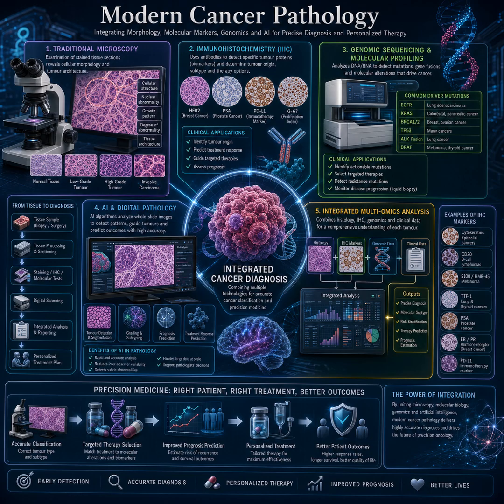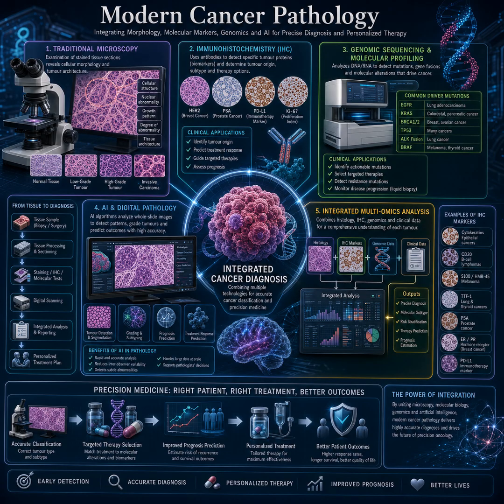Genomic profiling also helps detect resistance mutations when cancers stop responding to therapy. In some patients, these mutations can even be identified through liquid biopsy, a blood test that detects fragments of tumor DNA circulating in the bloodstream, allowing physicians to monitor disease progression without repeated invasive biopsies.